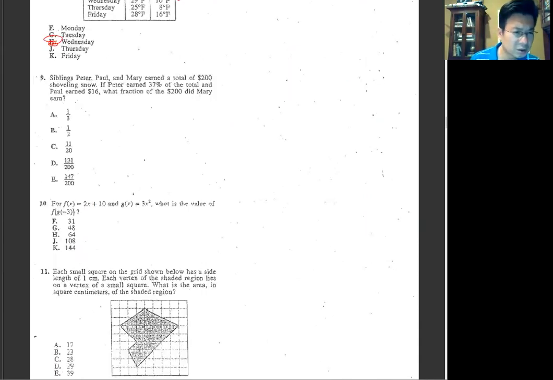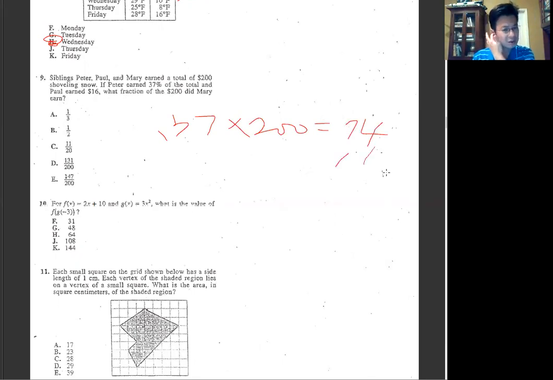The siblings Peter, Paul, and Mary earned a total of this much. Peter earns 37% of the total $200, and what fraction of the $200 did Mary earn? So 37% of $200 is $74. 74 plus 16 is 90.